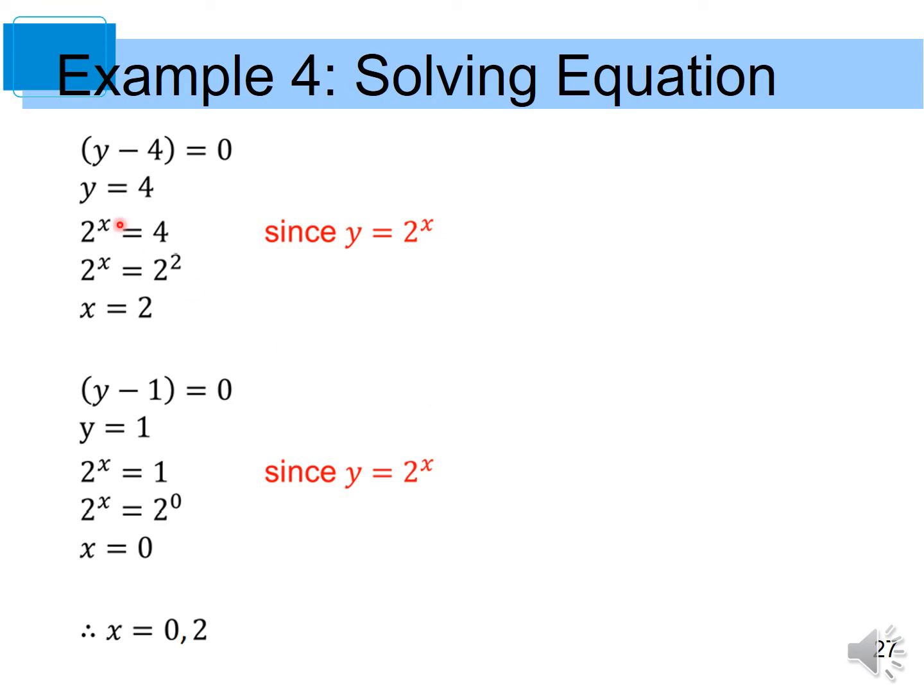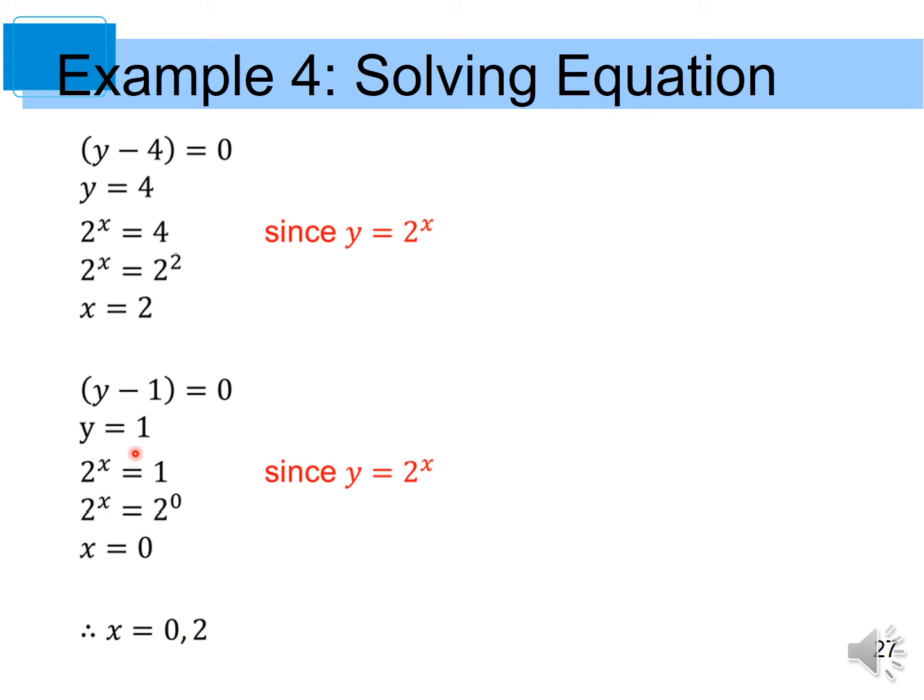So we have y equal to 4. And replace back y equal to 2 to the power of x. We have 2 to the power of x equal to 4. And you can change 4 to 2 to the power of 2. Then by the comparing method, x is equal to 2.